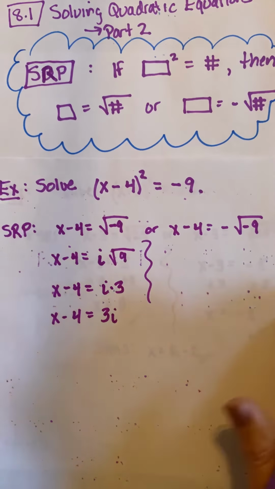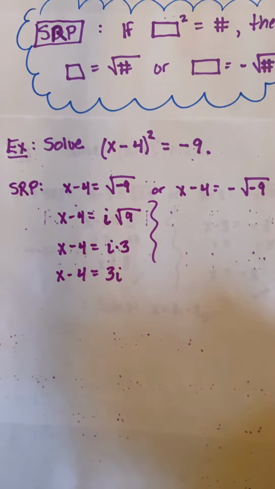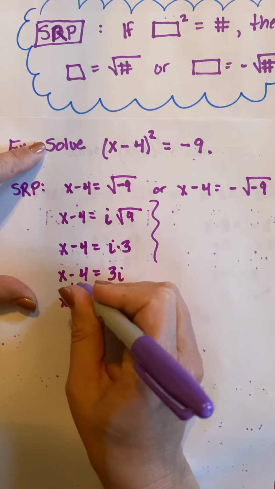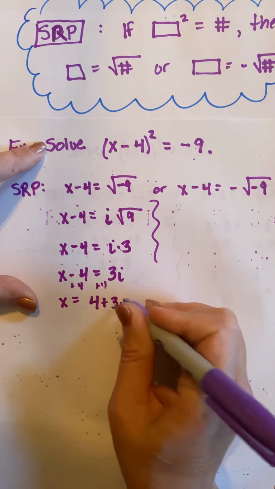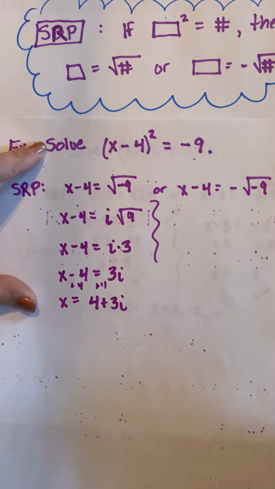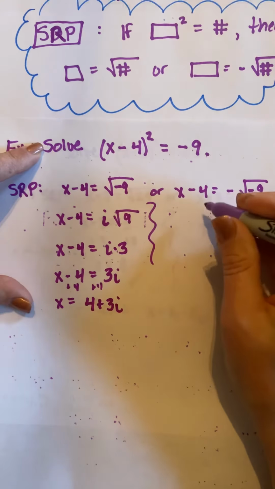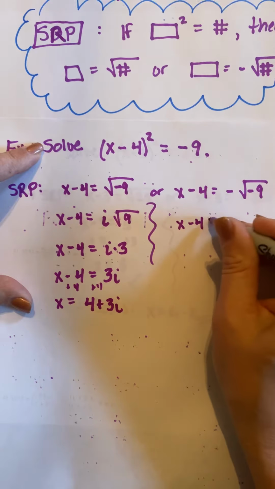Now we solve for x. Just like radicals, when we have a radical that we could not simplify, here we have an i remaining in our solution. So the suggestion is to, when we add 4, put the real part of the number first and the imaginary part second. And again, there's a reason for this. When we go over and work on this side, we're going to get x minus 4 equals the opposite.